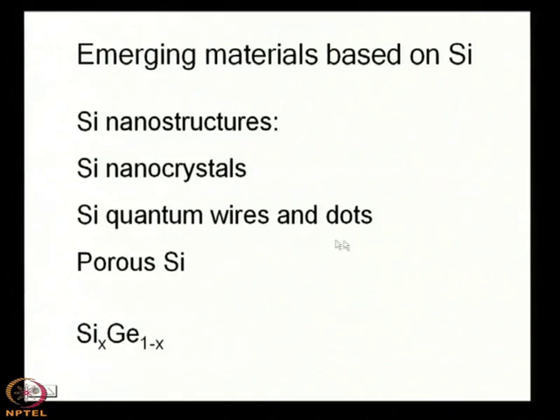Now, what is quantum wire and what is quantum dot? If your motion is restricted to, say, the xy plane, then that is known as quantum well.